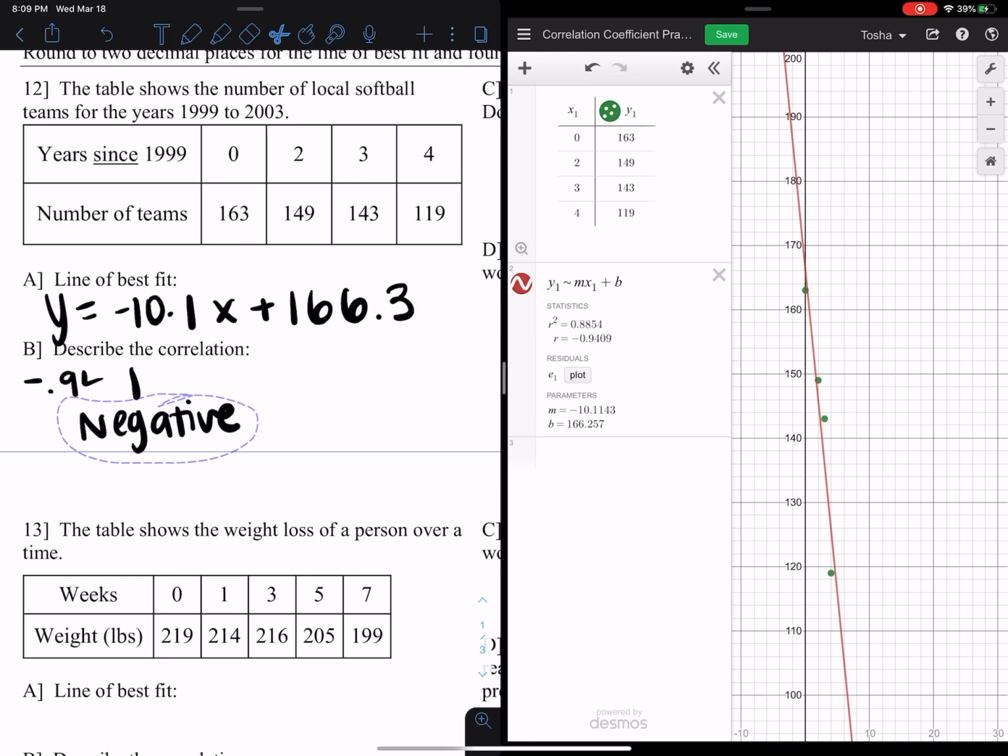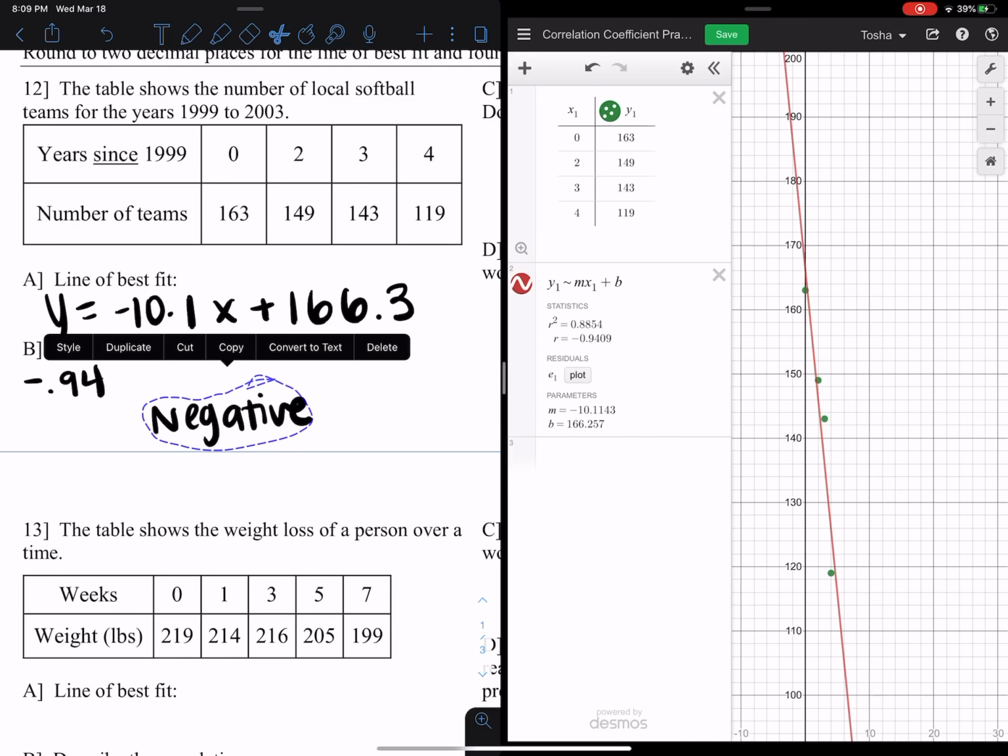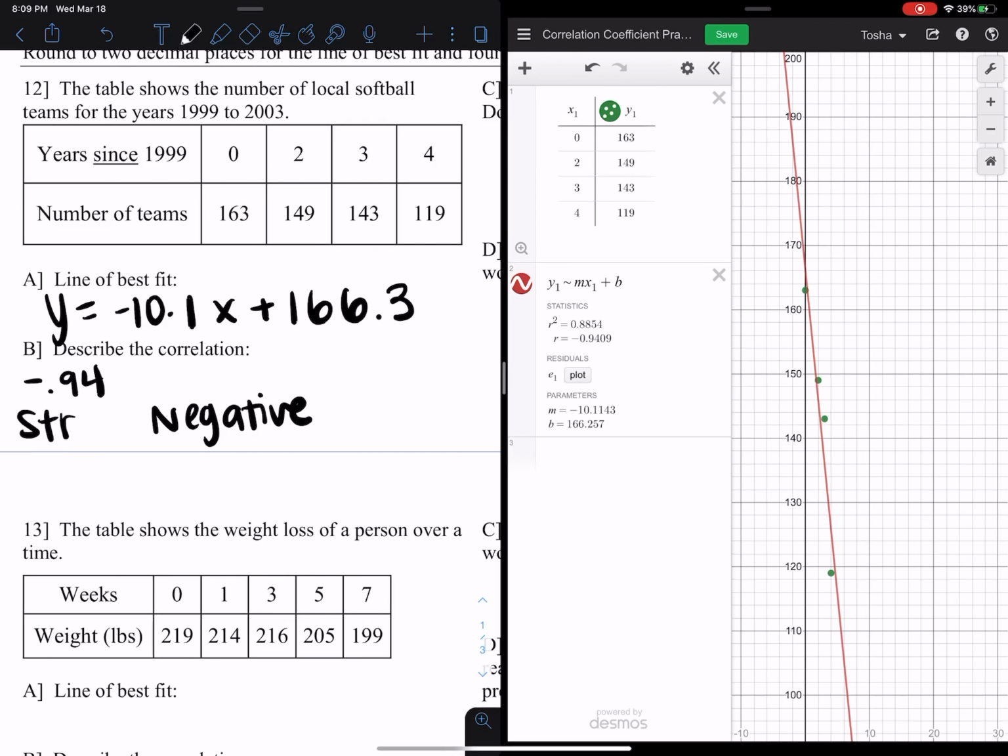But we should also say, is this strong, moderate, weak, perfect? Is it no correlation? This one, we should know that this is a strong correlation. So it's a strong negative correlation. And we can tell all of that just by looking at that correlation coefficient, which is r right here.